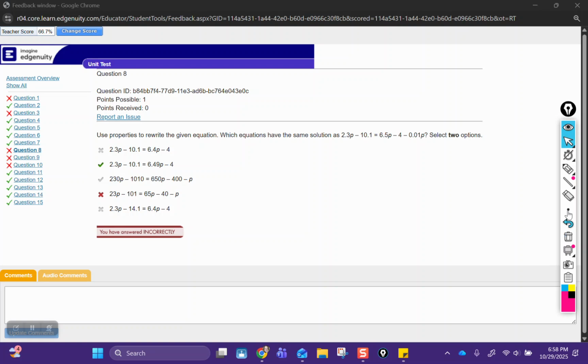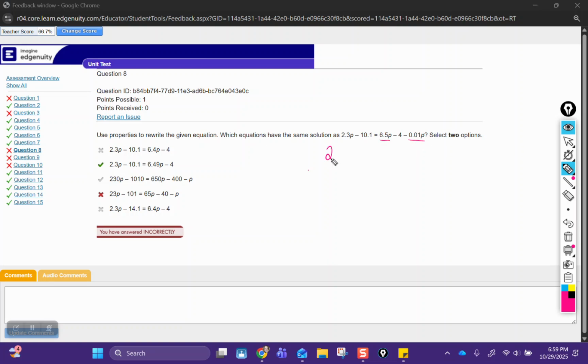Question 8 asks for you to use properties to rewrite the given equation, which equations have the same solution. So as I look through the option choices, they haven't done a ton in terms of the solving. It looks like the left-hand side stays pretty much the same throughout. They do a couple things in these third and fourth options that we'll talk about. But on the right-hand side, it does look like they've combined these two pieces.